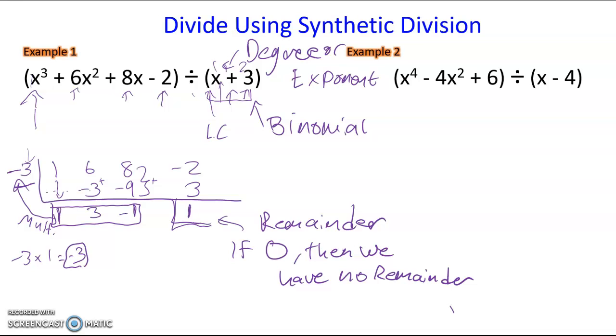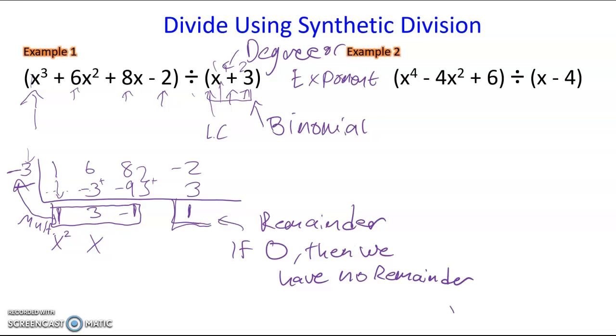So if you had an x cubed right here, so if the power is 3, then the new equation is going to have a highest power of 2. And in front of my first number, I'm going to write out my highest power, the x squared. And then for my second number, I'm just going to write x until I run out of x's.